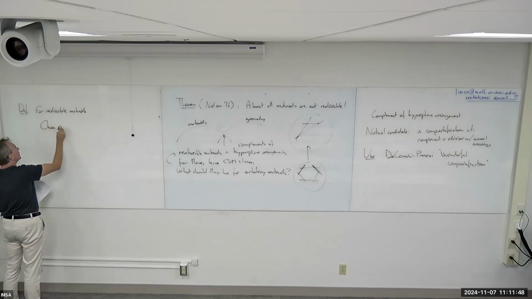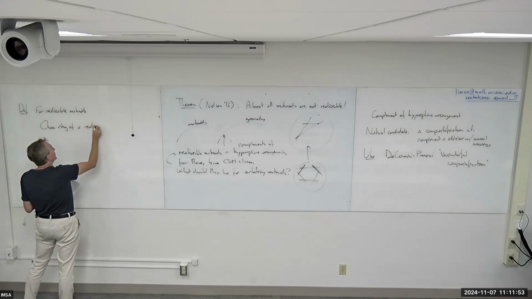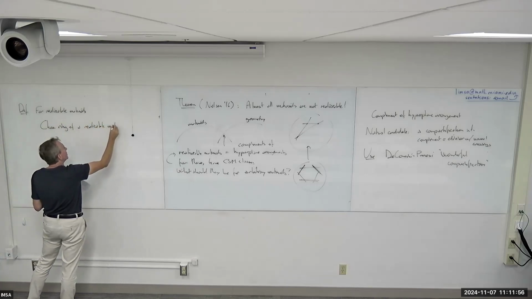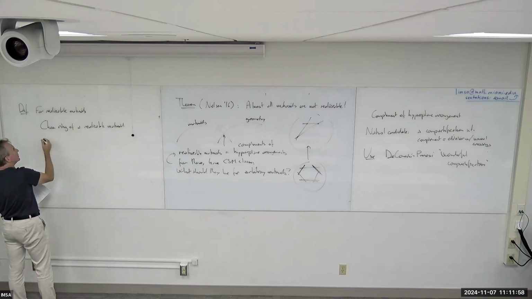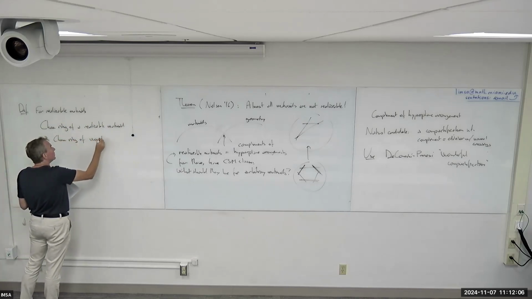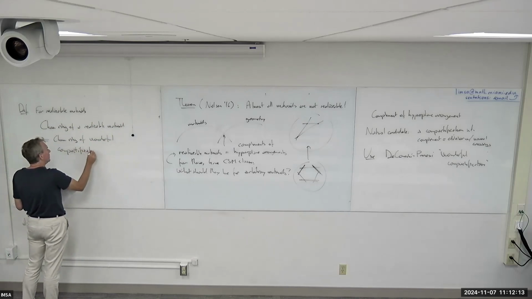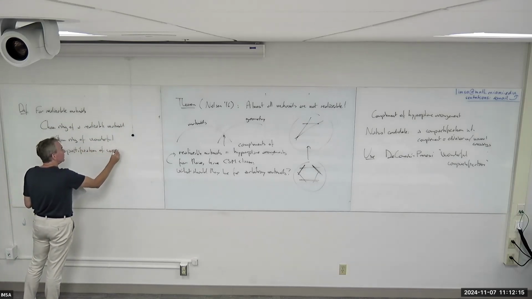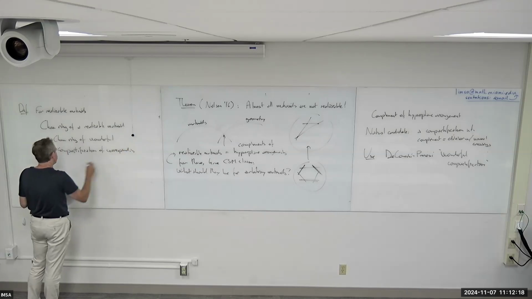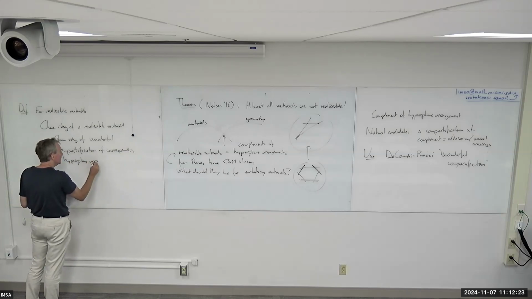The Chow ring of a matroid M, of a realizable matroid M, is by definition the Chow ring of the wonderful compactification of the corresponding hyperplane arrangement complement.